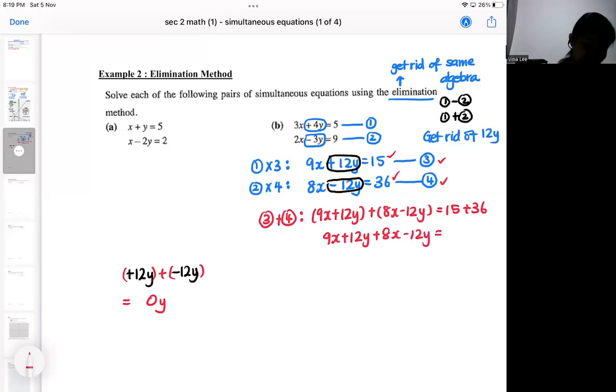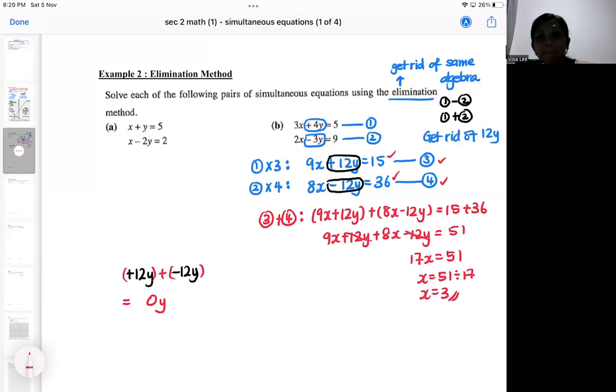So when you add up, right, you will discover that the 12y disappear. 12y minus 12y disappear. And you're left with 17x. So if you decide to get rid of 12y, you will find your value of x first.